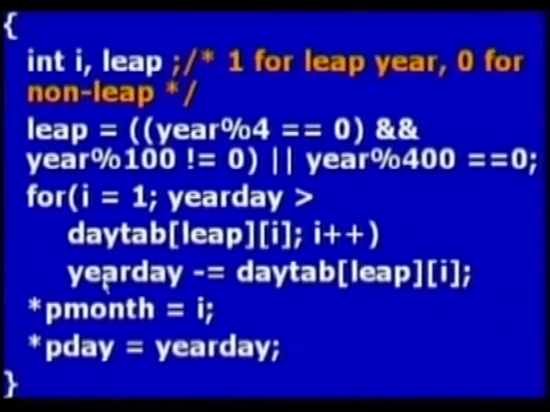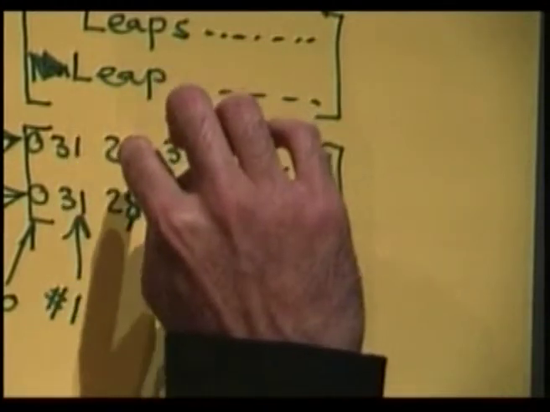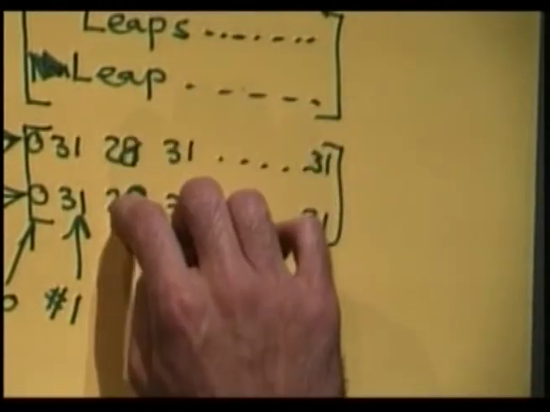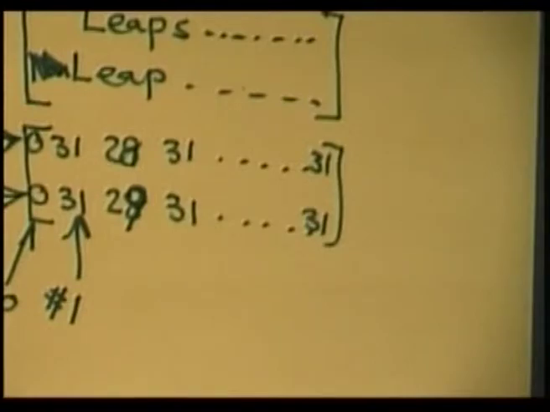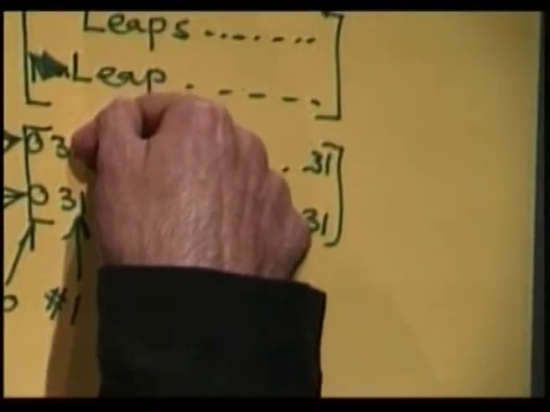Each time, I'm going to subtract the number of days in the month, whether leap or non-leap, and the i means the month. So I'm going to subtract 31 at the beginning, then 28 or 29, then 31 and so forth. I keep subtracting, and each time I subtract, I'm going to assign the month to the ith month, right? And the remaining number of days is the day of the month.